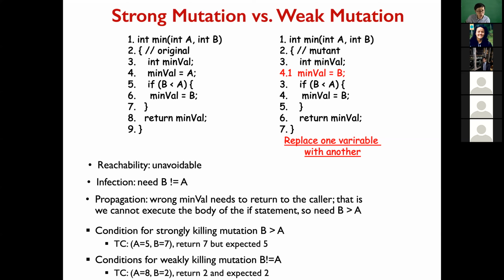So it's not propagated. If a test case specifies A equals 8 and B equals 2, you cannot see the difference in the output. So it's actually a weak mutation.